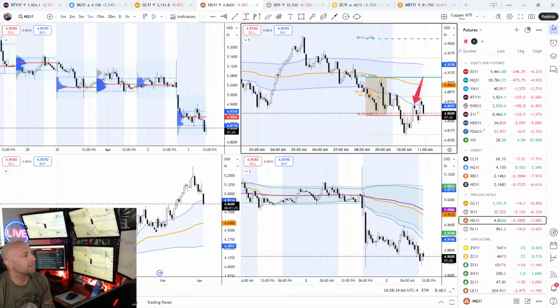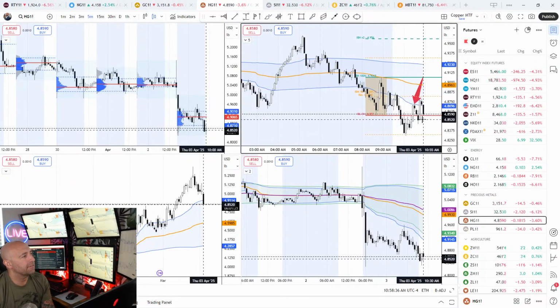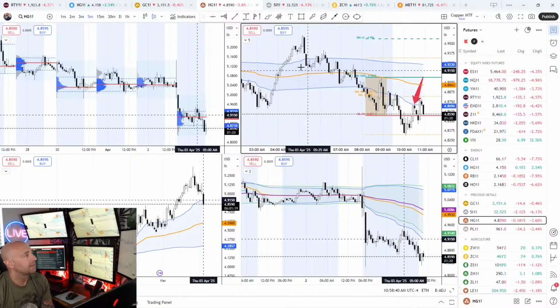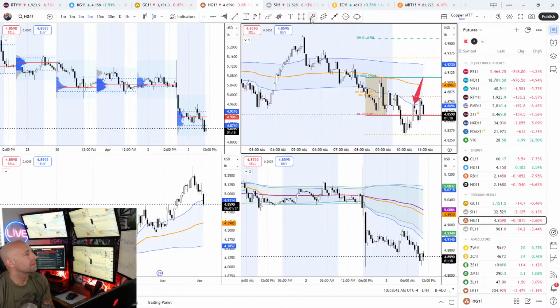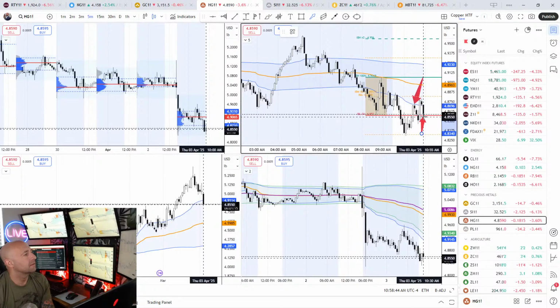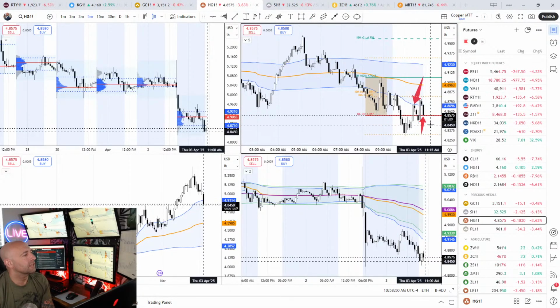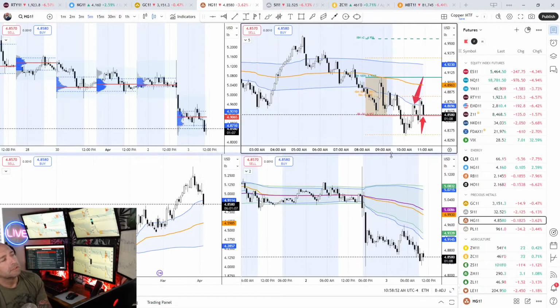So this is kind of like mixed confluence here. This is kind of a back test for return to value on the initial balance still on copper. Making higher lows, this kind of looks like a long. But you'll want to see some strength. You don't want to just buy it because it's touching the line, you know what I mean?